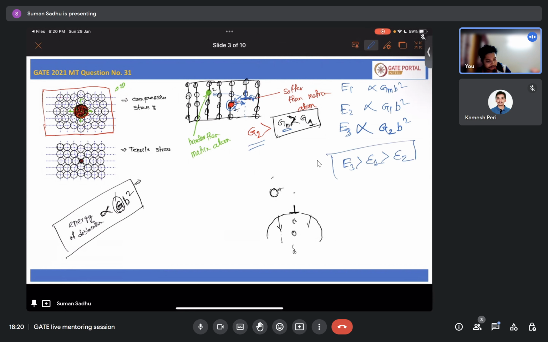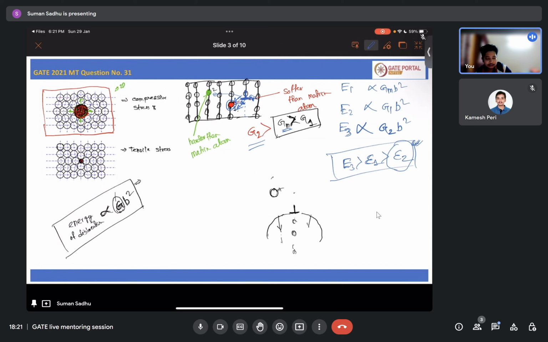So this will be the lesson, right? Any system always tries to decrease its energy. It never tries to increase its energy. So the most preferable condition is which one? E2. In other words, we can say that this dislocation will get attracted by the solute atom which is relatively softer than your matrix.